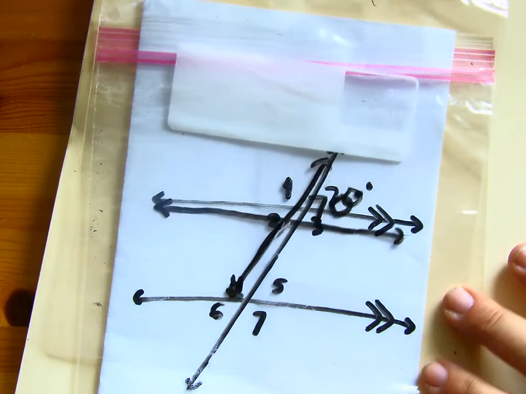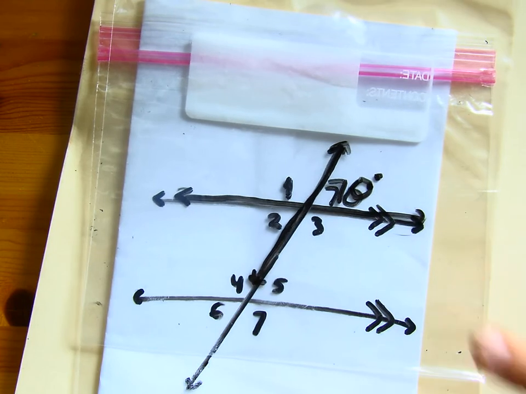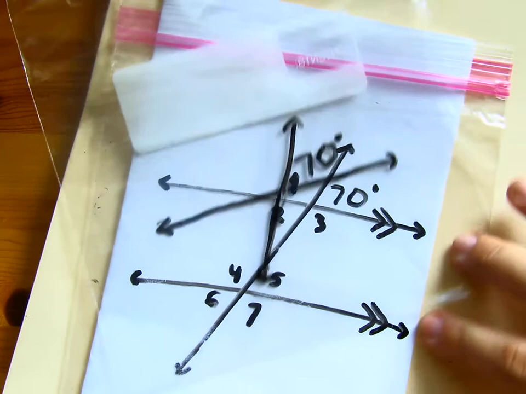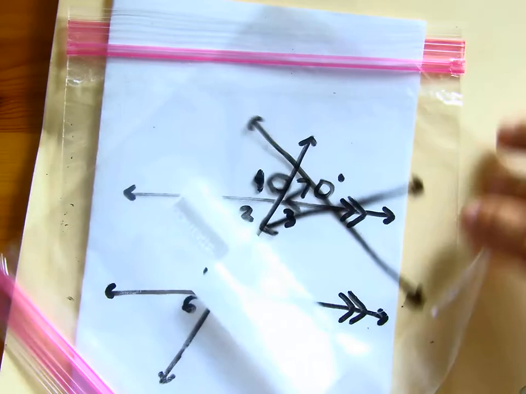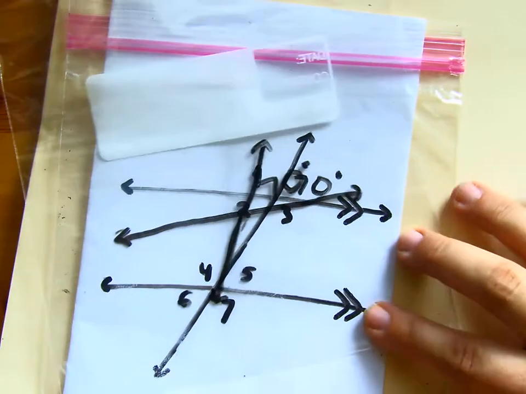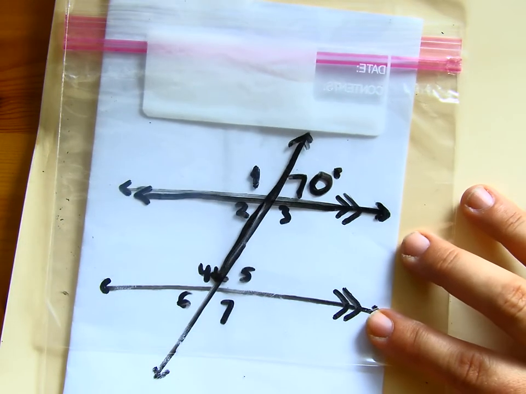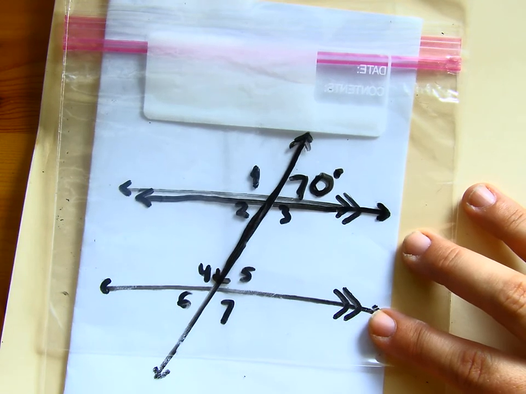And I want you to go through and find how many angles, and again I can slide, I can rotate, I can do whatever I need to do, and how many and which of these angles is equal and the same as 70 degrees.